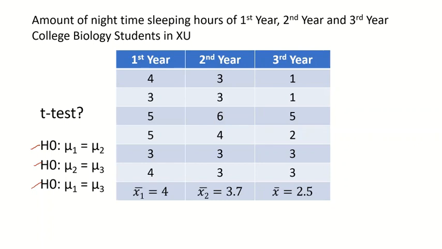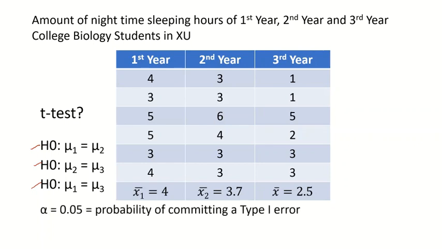If you can remember, every time we do a hypothesis test, like the t-test that we have here, we always set our significance level or alpha. Let's just say we will be setting our alpha for each of these at 5%. Take note, when we did our first t-test, that's 5% alpha.